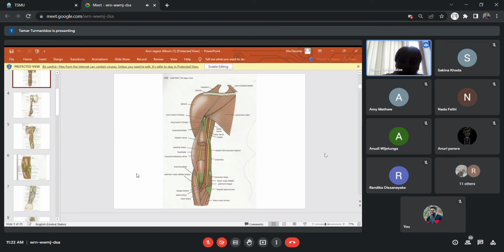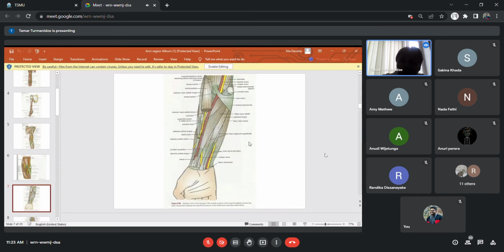So in the forearm region, three deep nerves descend from the elbow, and the arteries located in the forearm are the radial artery and the ulnar artery.